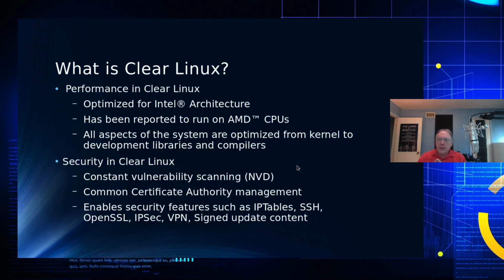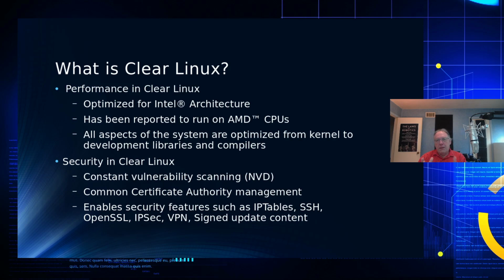So Clear Linux is optimized for Intel architectures. It has been reported to run on AMD, but AMD does not support everything that's in the Intel chipset. And this particular version of Linux is developed by the Intel project team for Clear Linux.